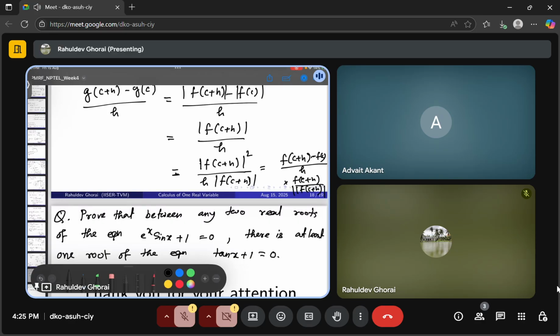So that's why tan x will be coming and e to the x will vanish, right? These types of questions are useful.